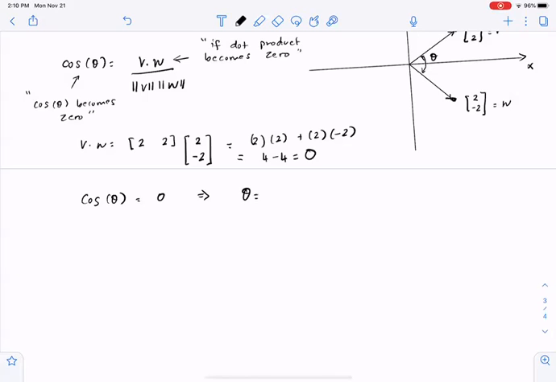So theta will be cosine inverse of 0. Cosine inverse of 0 is pi over 2, or 90 degrees.